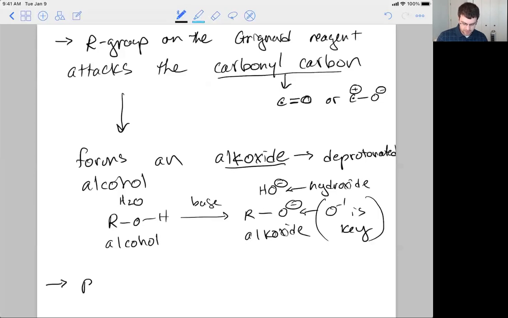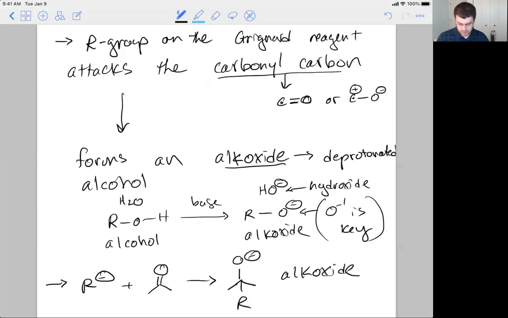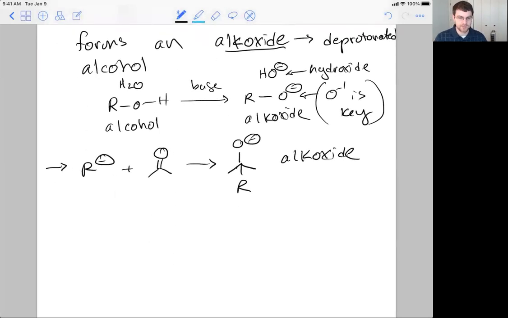So we have R minus from our Grignard reagent adding to a carbonyl to make an alkoxide. Okay. So we have this alkoxide, and then what happens to the alkoxide is we introduce sort of a third stage.